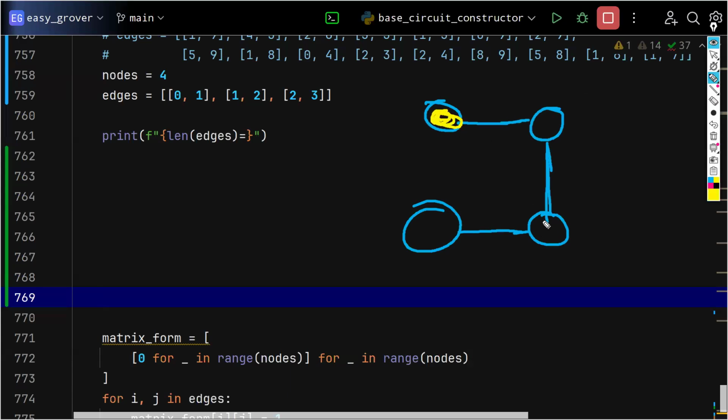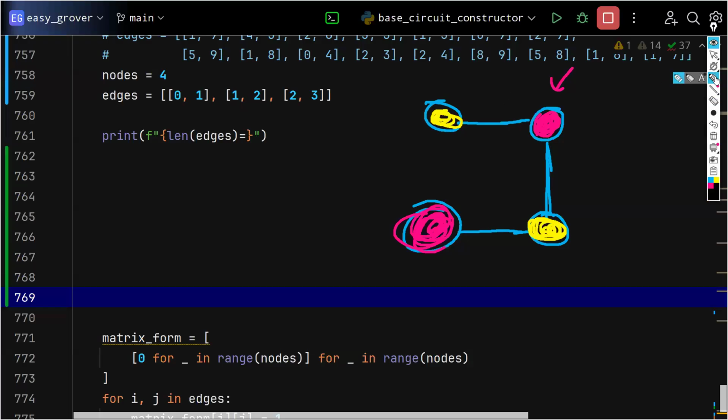Let's say this will be yellow, this will be yellow as well, and this will be red, and this will be also red. You could apply one color to one node, and then whatever else is connected to it will have a completely different color.